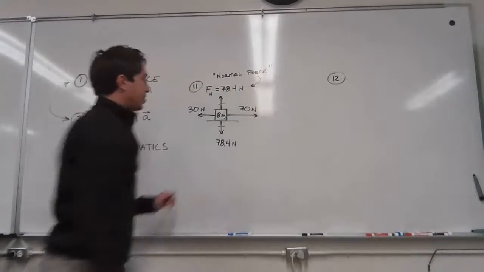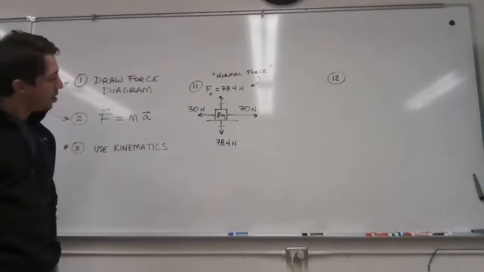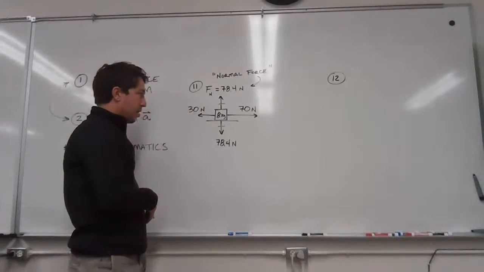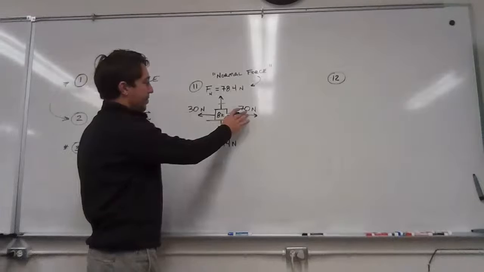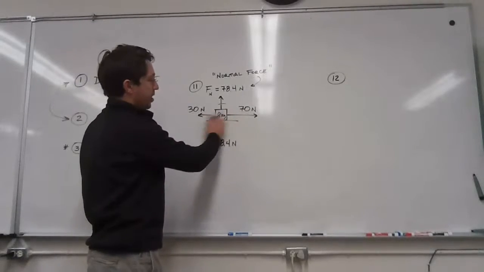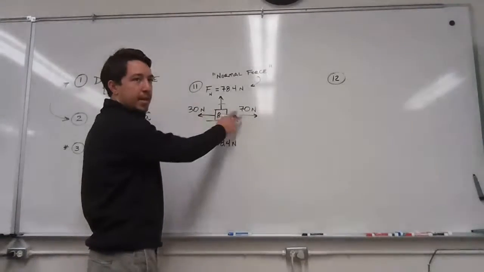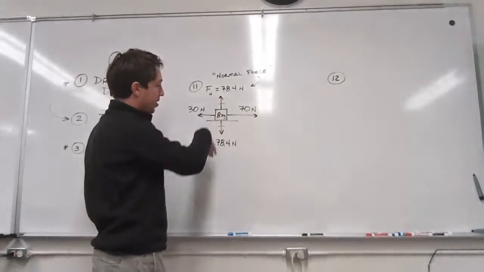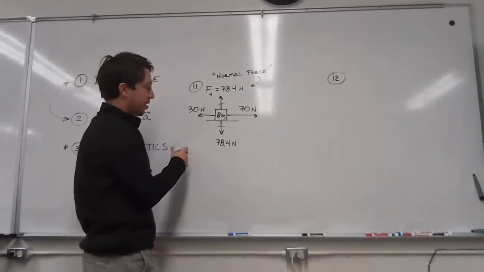Okay, so there's my force diagram. The arrows aren't to scale, but it's not the end of the world. I'd try to at least, if there's two vectors that are opposing each other and one's bigger than the other one, make that arrow bigger. Makes it easier to read. But as far as these ones, it's not super critical.